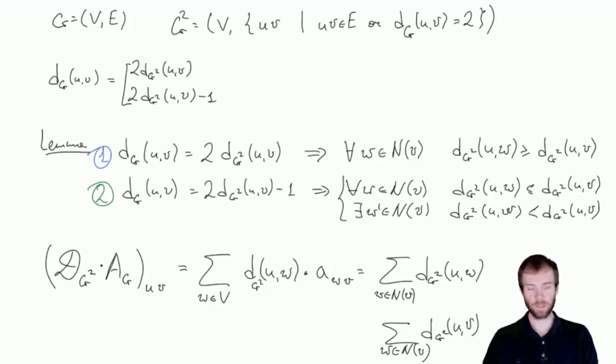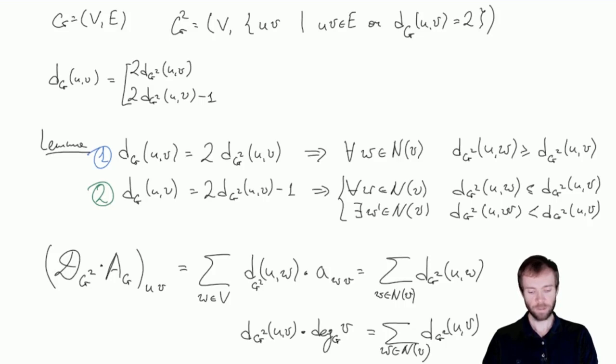But the numeric value of this sum is actually simple, because it is a sum of identical terms that do not depend on the parameter of summation, so its value is d_{G^2}(u, v) multiplied by the number of terms, and the number of terms is just the degree of vertex v in G.